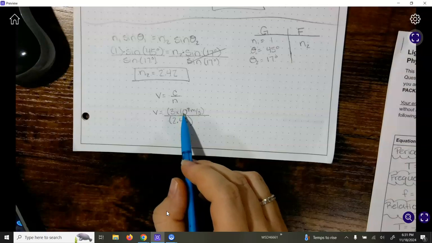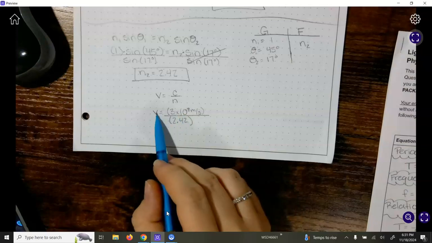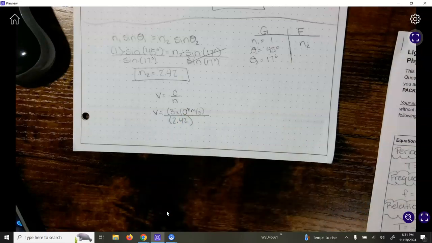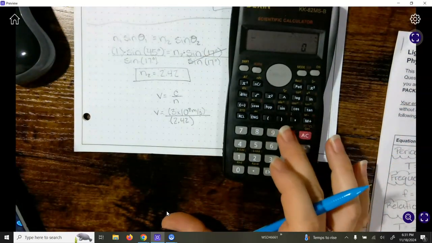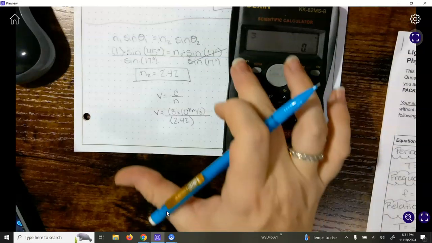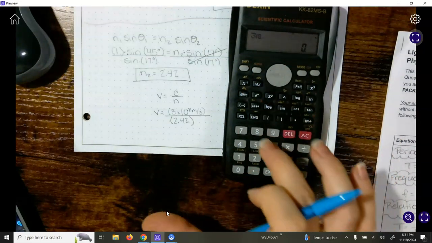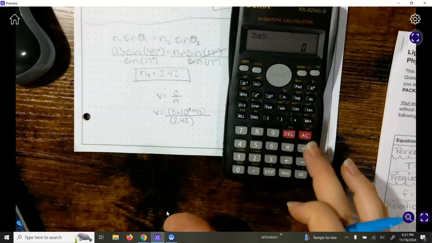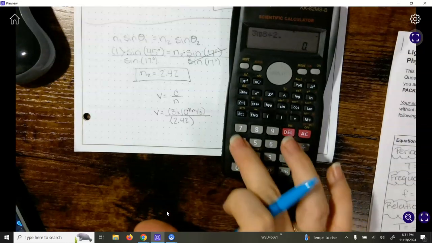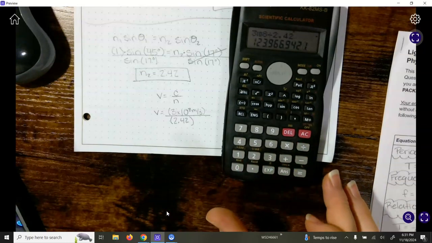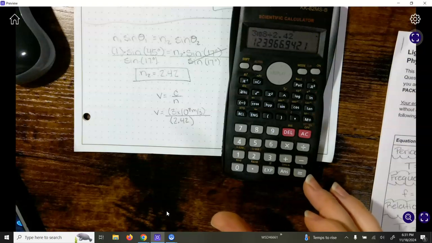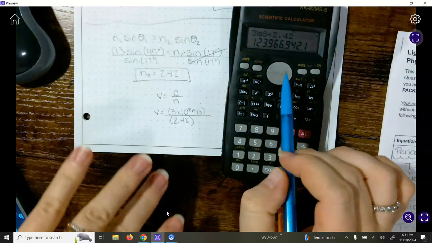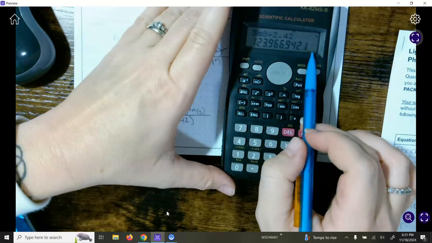So we're going to take this big number divided by this smaller number, and that's going to tell us the speed of the light ray in that material. Oh, yeah, perfect. So I'm going to do 3 times 10 to the 8th, divided by 2.42. That's how fast the light is going in that material. This is its speed. There's no times 10 here.